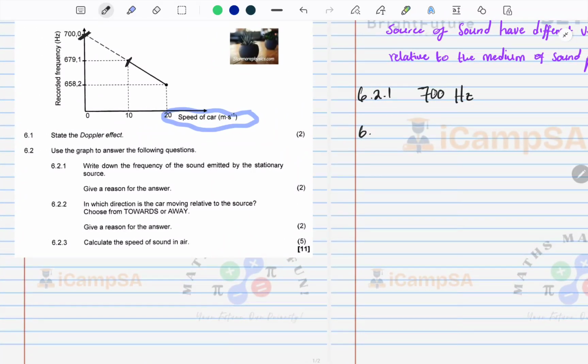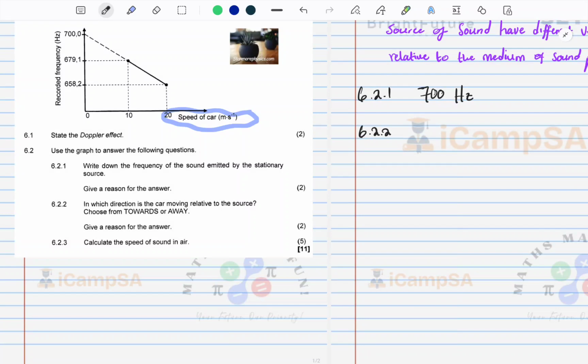Okay, now 6.2.2. So 6.2.2, they're asking us in which direction is the car moving relative to the source, right? So we can see that, okay, so if we are saying this is the frequency that is emitted by the source, we can see that when the car starts moving, the velocity here is increasing, but the frequency is decreasing. So for the fact that the frequency is decreasing, it means that the car is moving away, right?